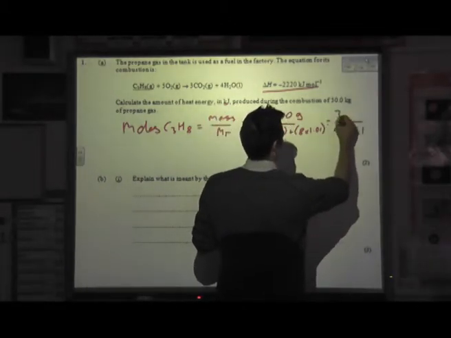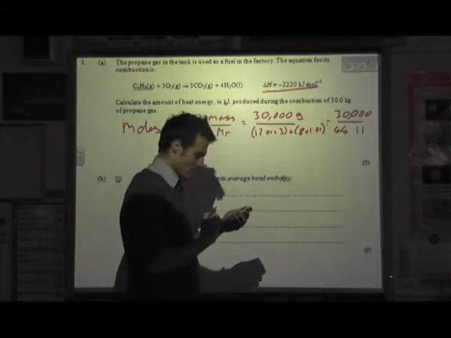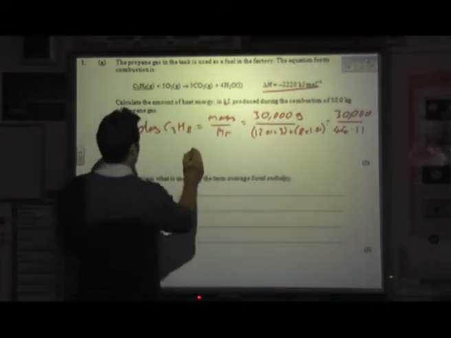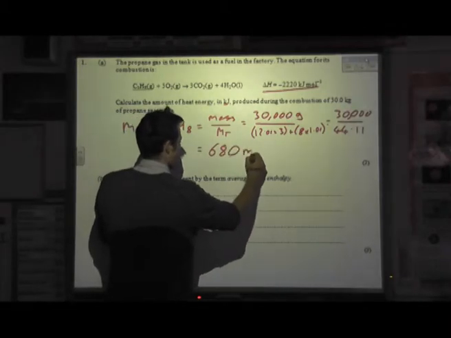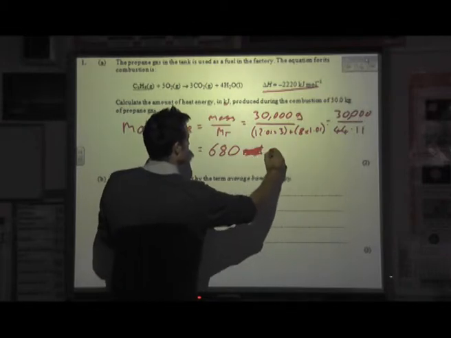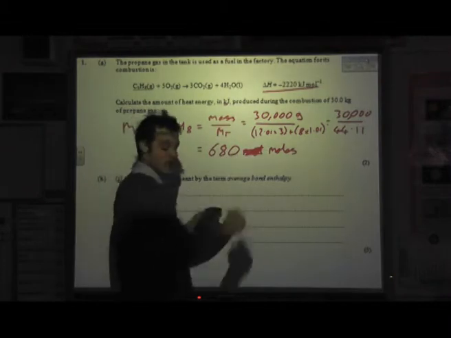And we're going to divide 30,000 by that. Okay, so 30,000 divided by answer is 680. So we have 680 moles. Of course, because we've just worked out the moles of propane, so 680 moles.